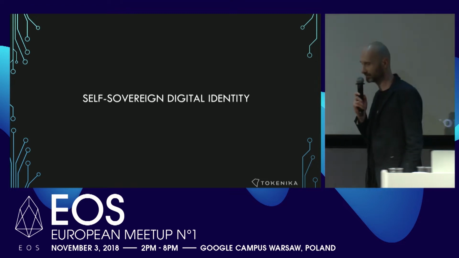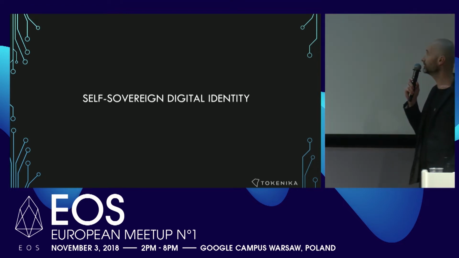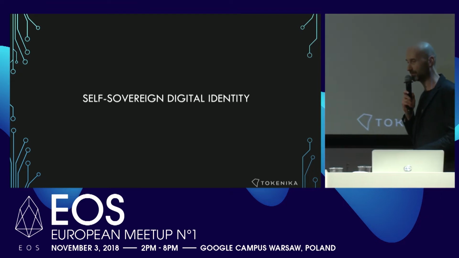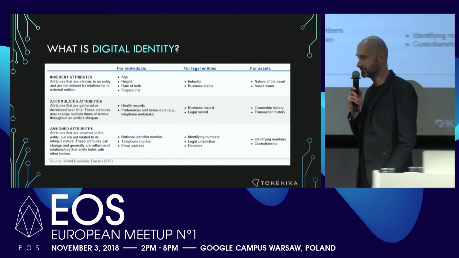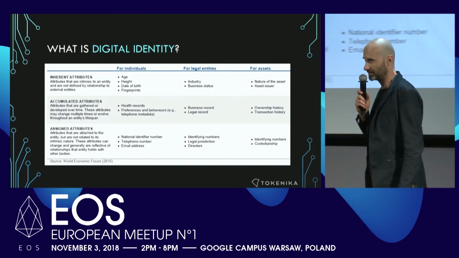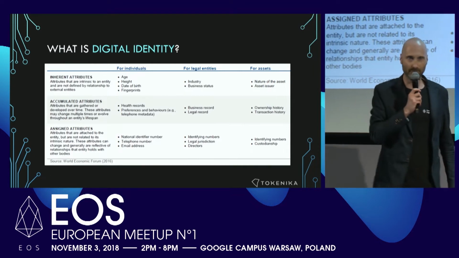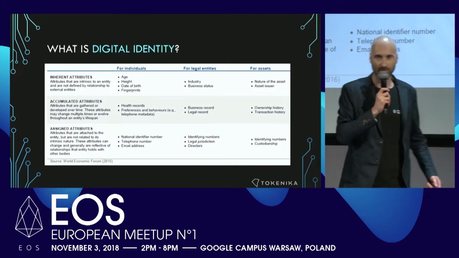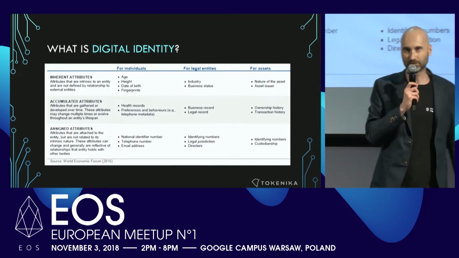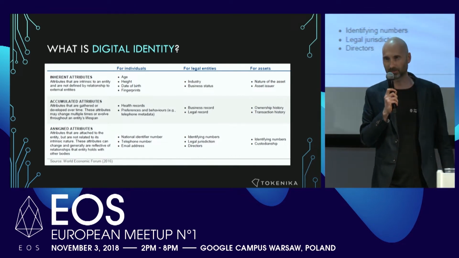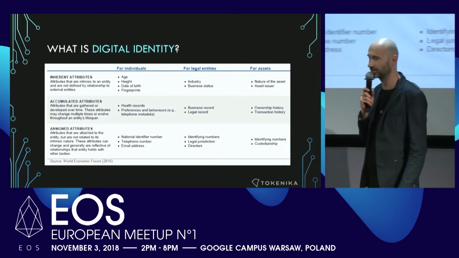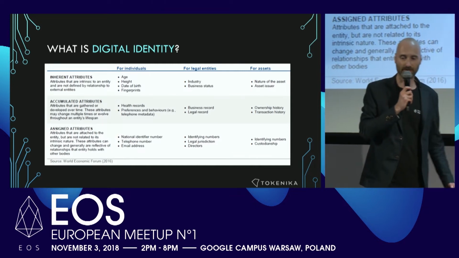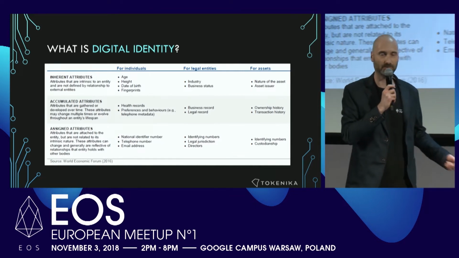Before we discuss the self-sovereign bit, let's talk about digital identity, just to define what we mean. Identity is a tricky word because it's both narrow and very broad. It's related to personal data, but basically we could define it as any data stored on a computer system that refers to any external agent, and this agent can be a physical person or a company or even a thing that belongs to either of those.